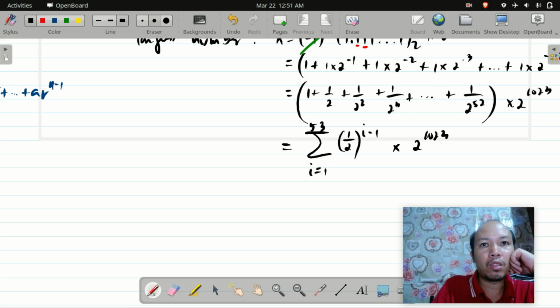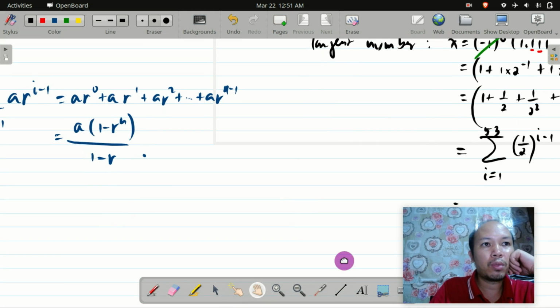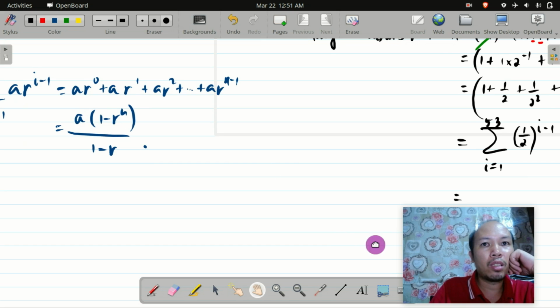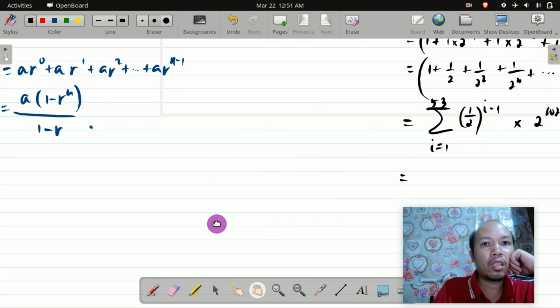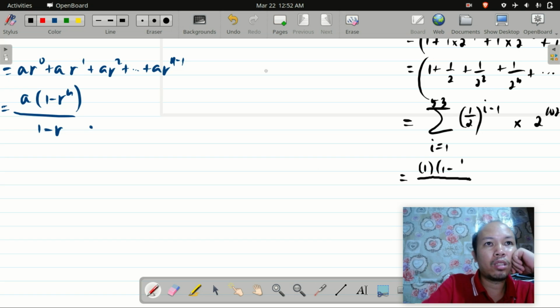So if we use our formula, as you can see here, our a is 1. Let's try to answer this one. This is a is 1, so we have 1 minus 1/2. Let me make it clear.